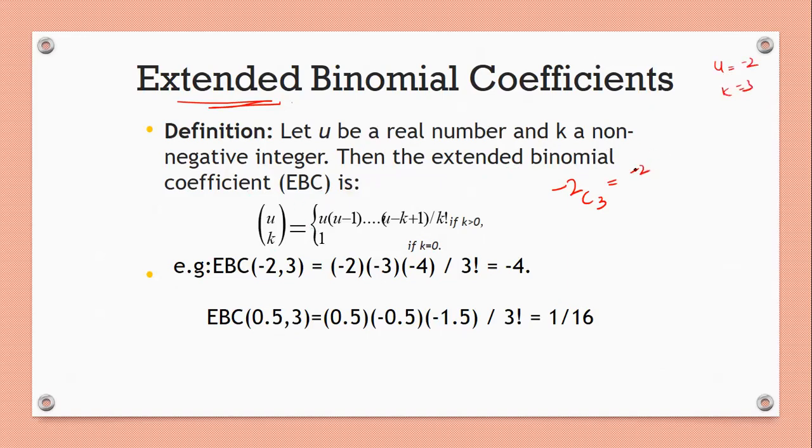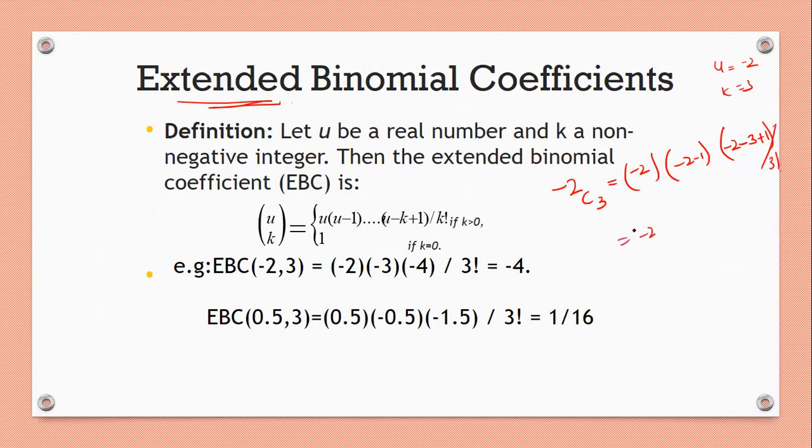So you will write minus 2, then minus 2 minus 1, and then minus 2 minus (k minus 1), that is, u minus k plus 1, divided by k factorial, which is 3 factorial.